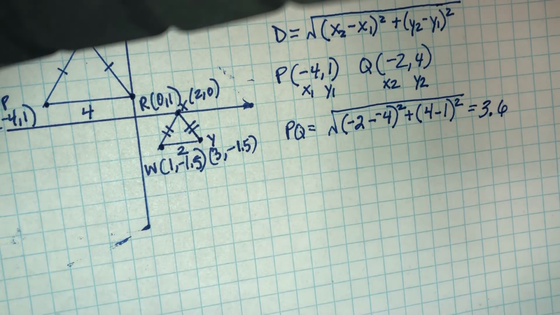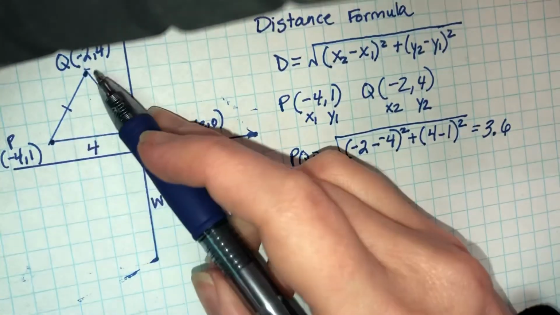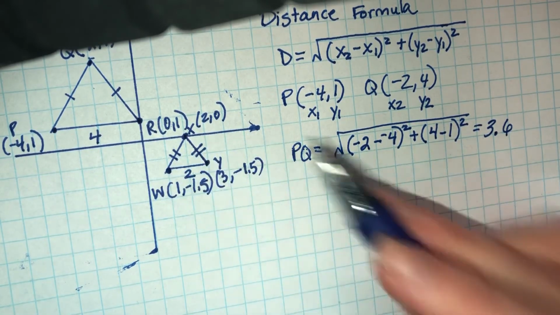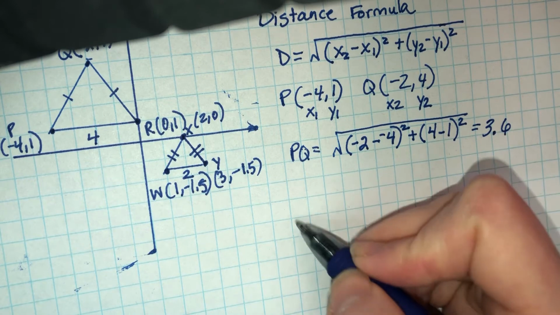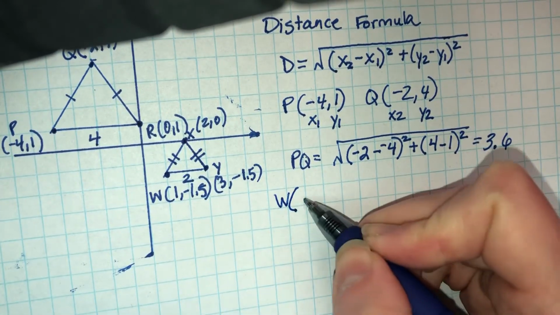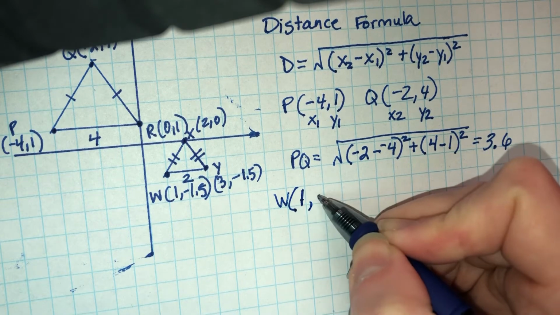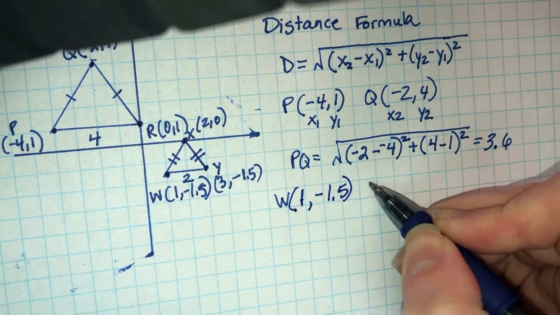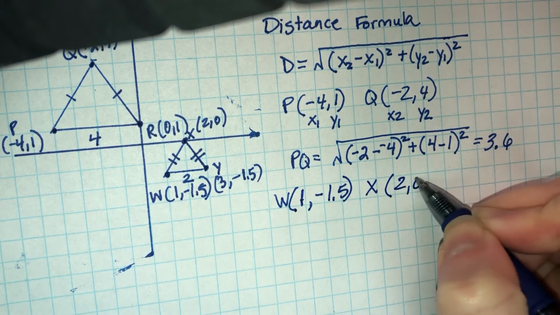Okay. Now I just found the length of this side PQ. I want to find the length of the side that corresponds to it on the smaller triangle, which is WX. So we're going to go W is at 1, -1.5, and X is at 2, 0.